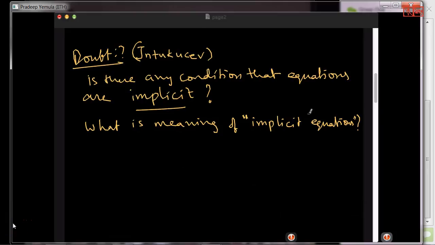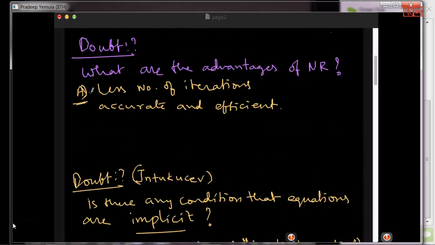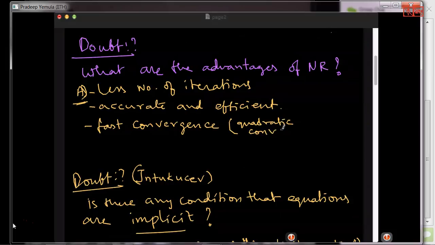So there is another advantage here, that is fast convergence. So it's called quadratic convergence. Therefore no requirement for an acceleration factor, as somebody has also mentioned. So that point also can hold here. So what is the meaning of quadratic convergence?